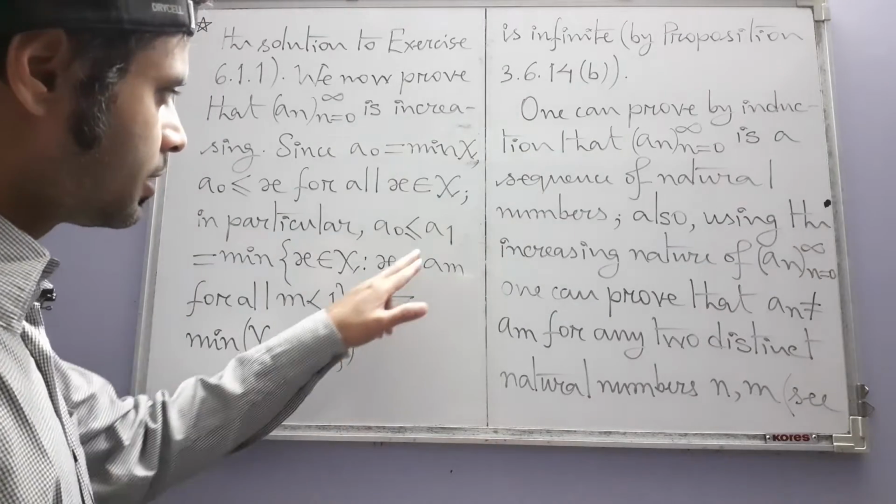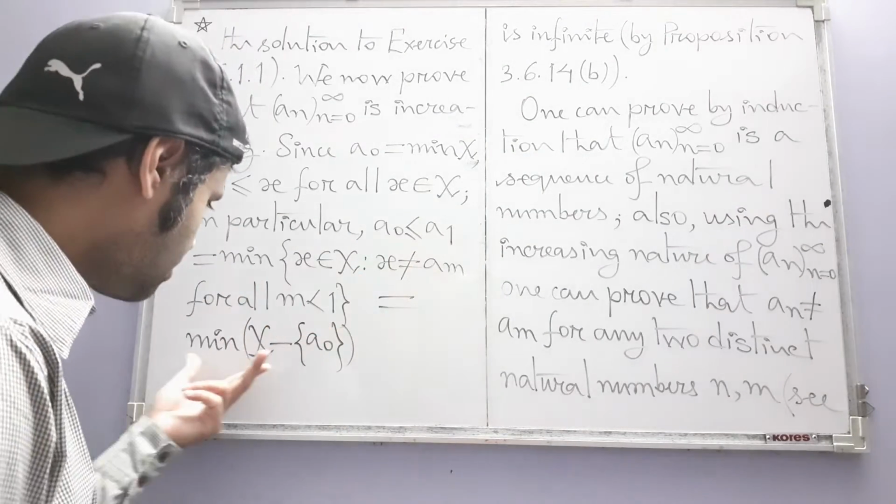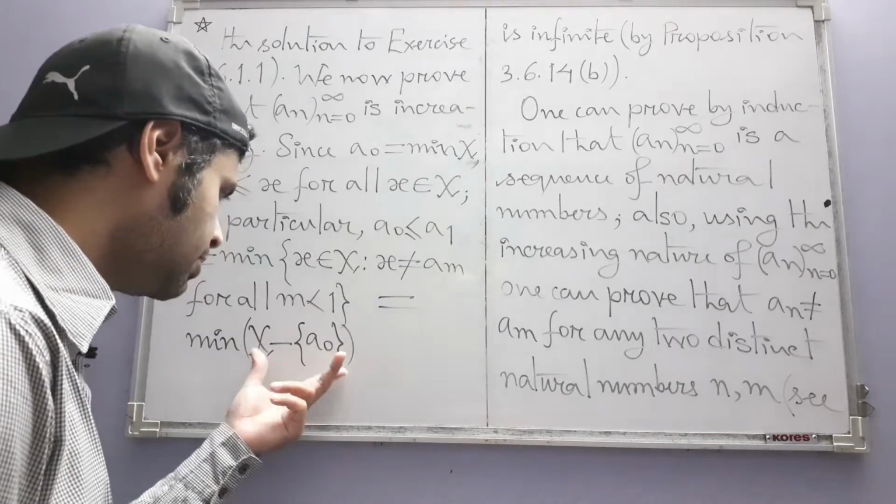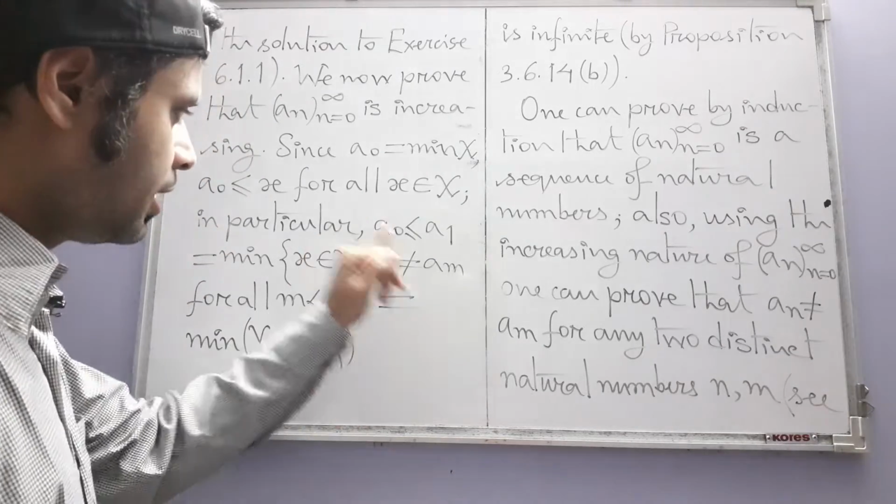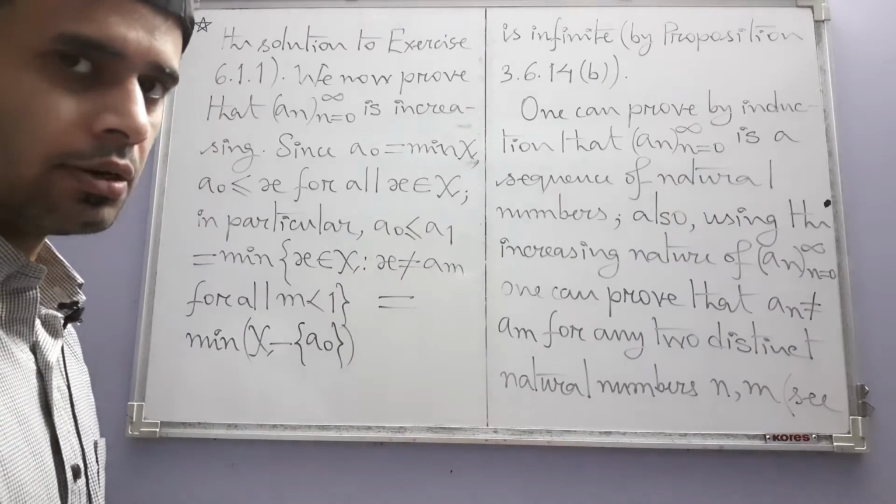But note one more thing, that since a1 is the minimum of this set and in this set we do not have a0, so a1 cannot be equal to a0.